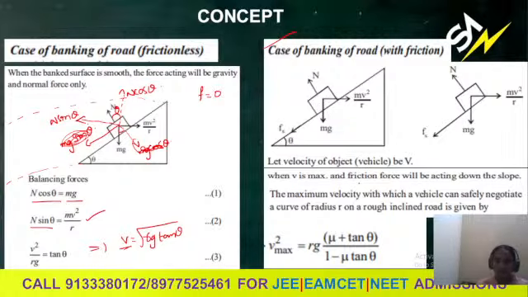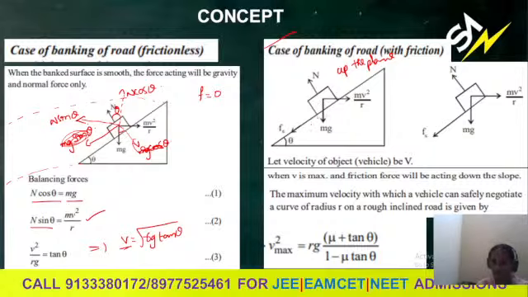When v is maximum, the frictional force will be acting down the slope. If he is maintaining the maximum safest speed, when the vehicle has the tendency to skid up the plane, the vehicle is moving up the plane, and the frictional force will be acting down the slope.